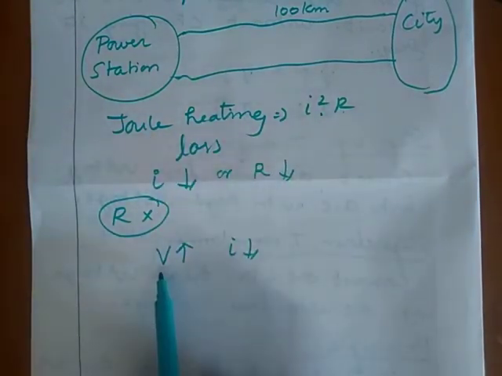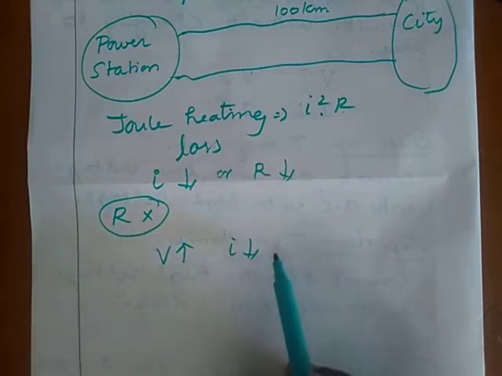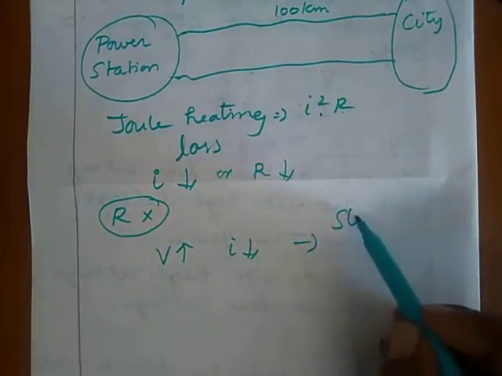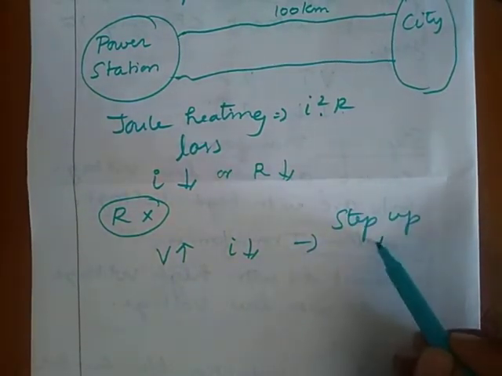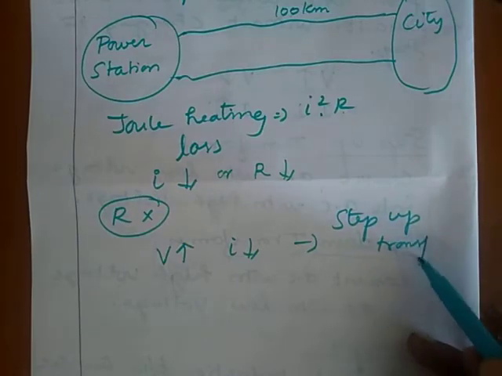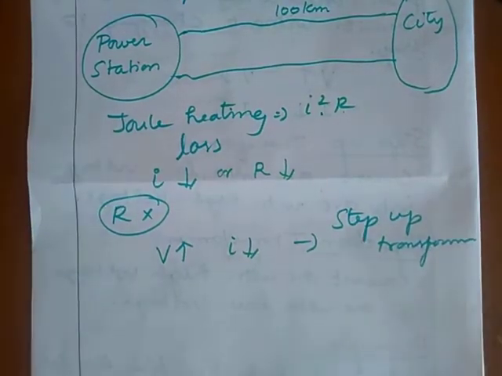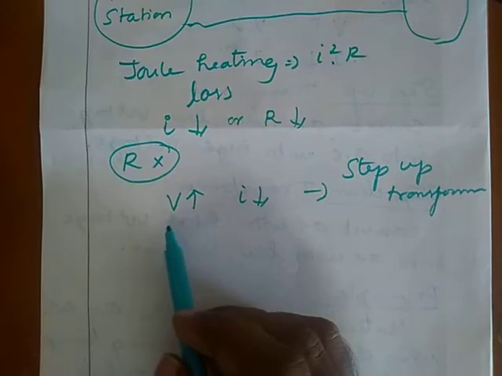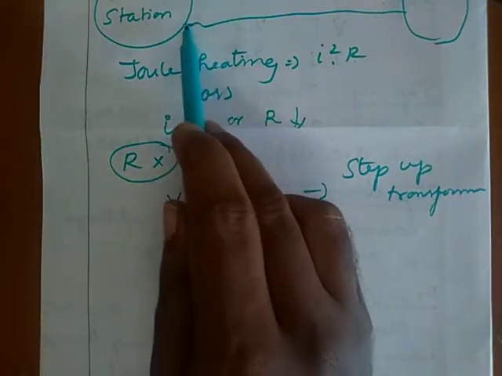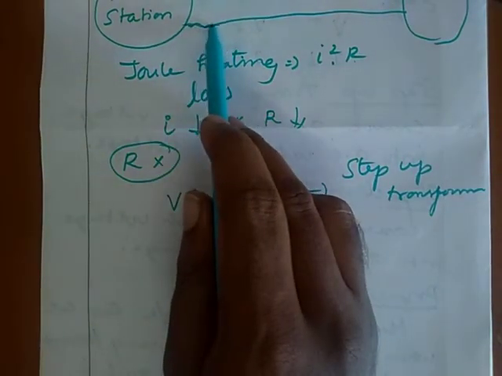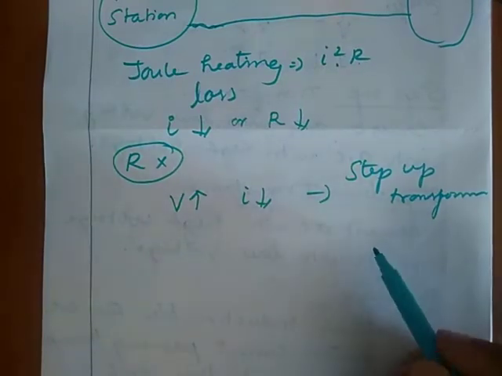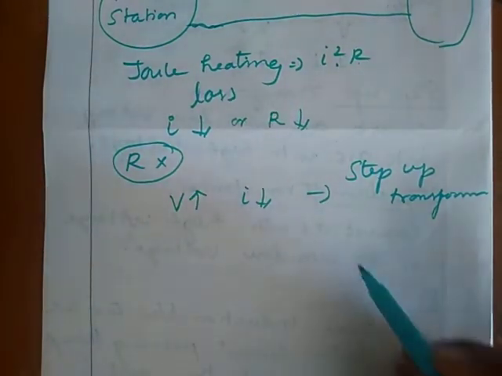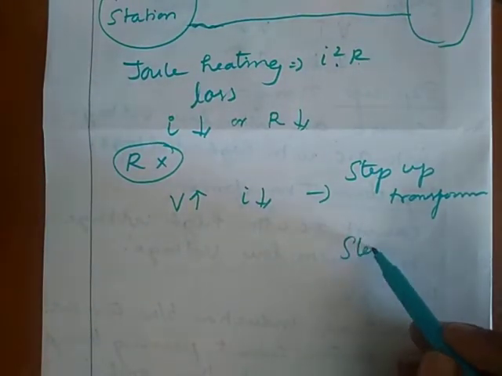So we are increasing the voltage and decreasing the current with the help of a step up transformer. It is transmitted through a transmission line and then it will be delivered to our home with the help of a step down transformer.